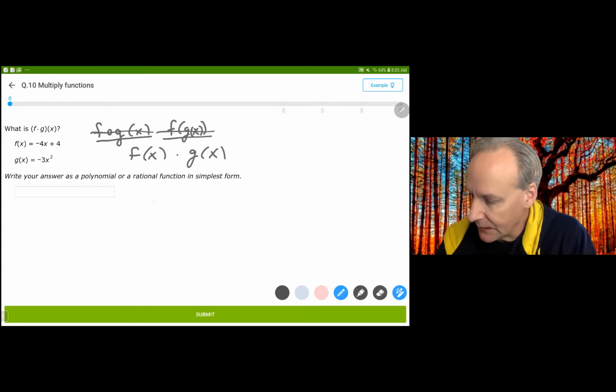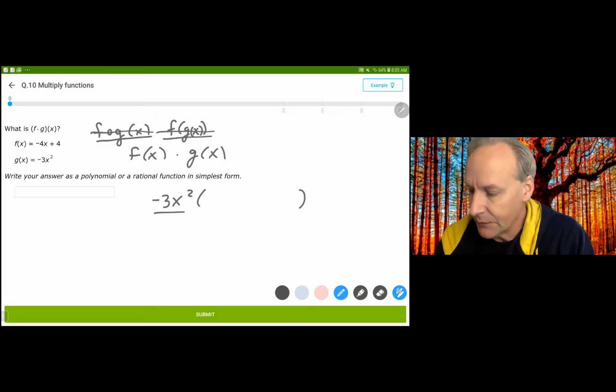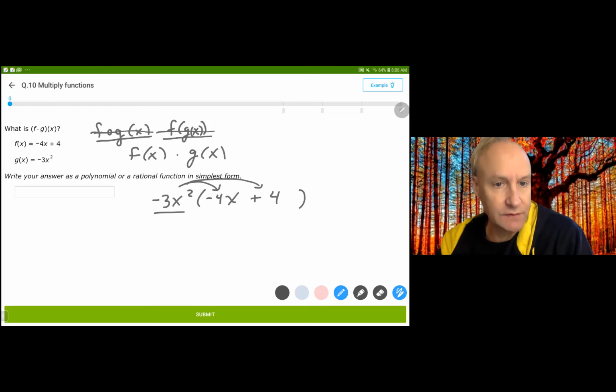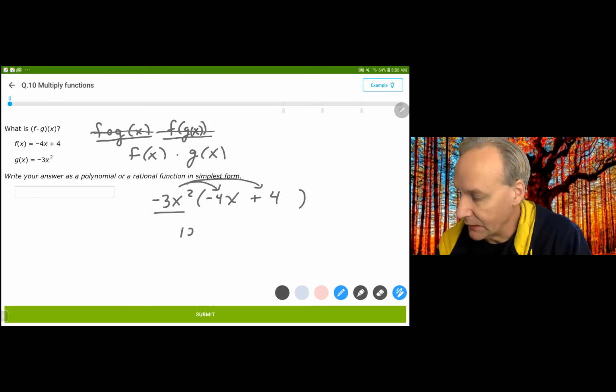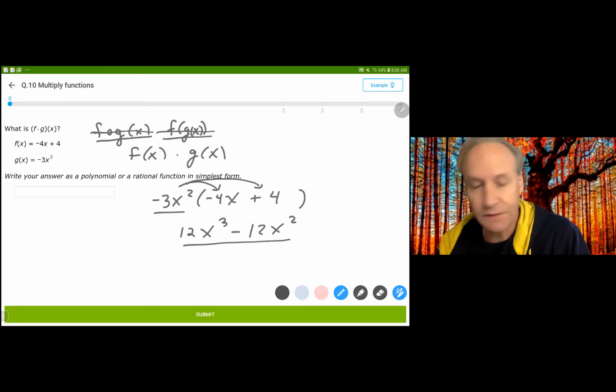So I'm taking negative 3x squared, that's my monomial, and I'm going to multiply that by negative 4x plus 4. It's a good idea to go ahead and write it out and make sure that you distribute. So that's going to be 12x cubed minus 12x squared. And these cannot be subtracted.